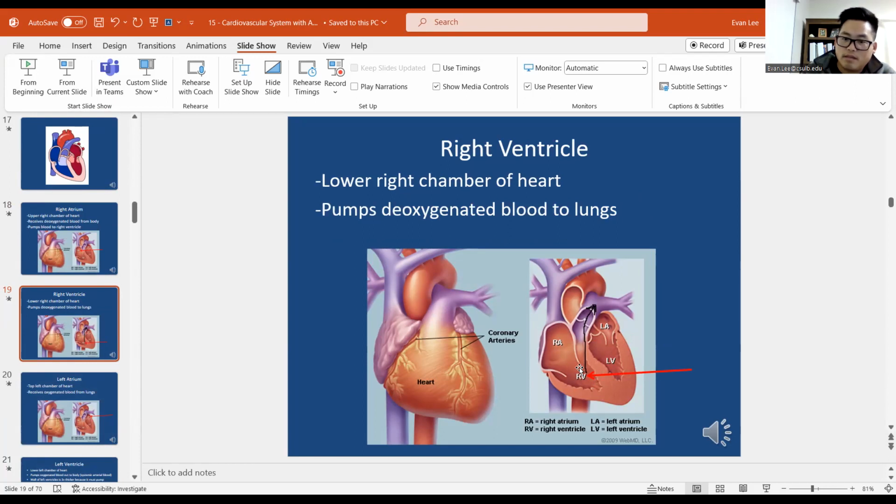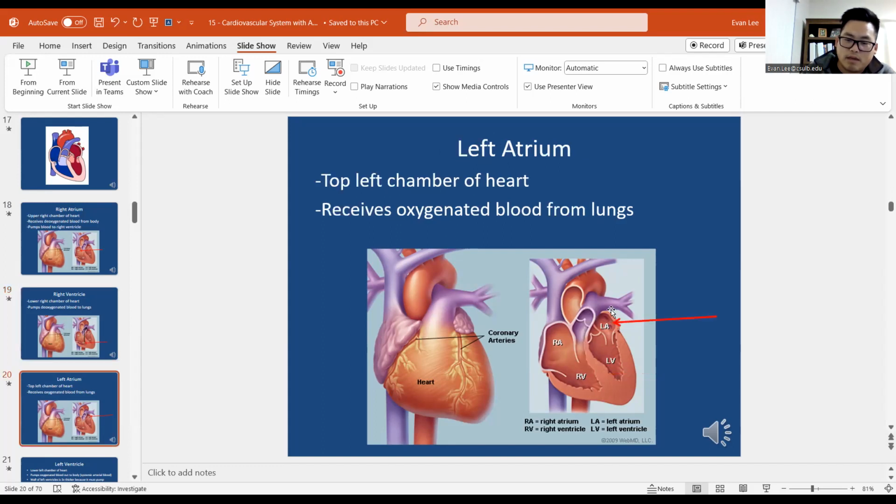The lungs. So going to the lungs, you'll have the right ventricle pumping the blood out through the pulmonary blood vessels to go to the lungs. And then after it goes to the lungs, it will return back to the heart at the left atrium, but now it is oxygenated. So your left atrium will receive oxygenated blood.